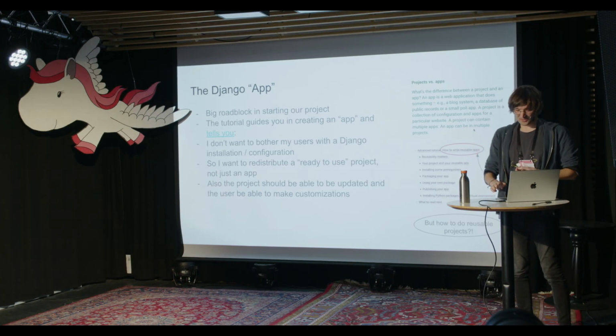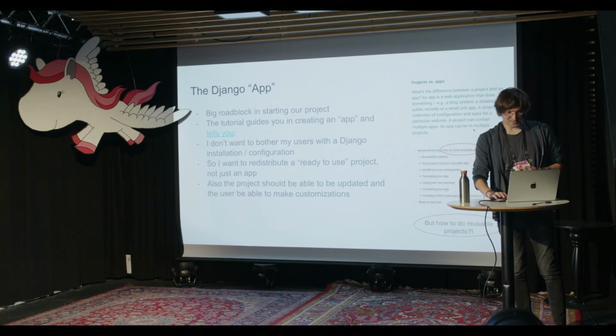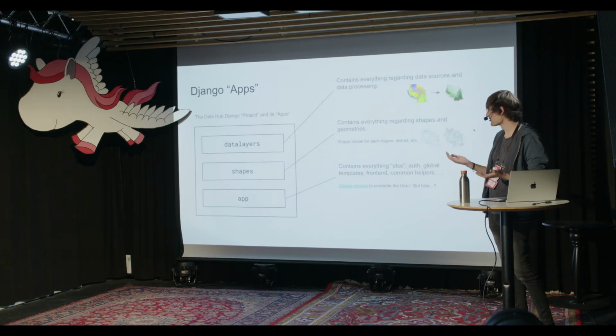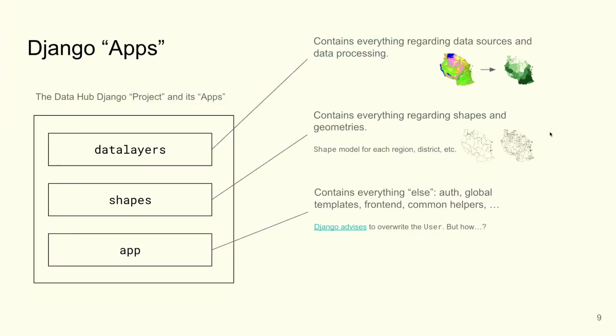And that was quite difficult for me to grasp, and that's actually how I ended up structuring my project into apps. First of all, I have the data layers app, which contains everything regarding data sources and data processing. The next app is my shapes app, which contains logic regarding the different shape files and the processing for the geometries of the areas, districts, and shapes.